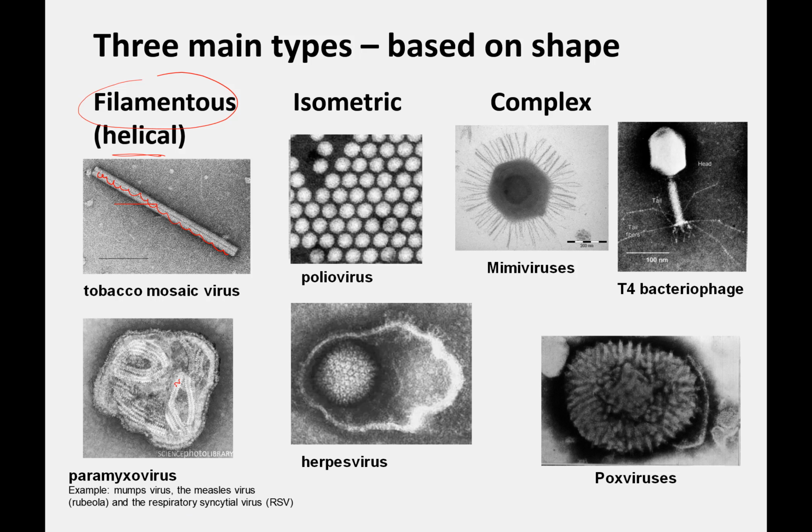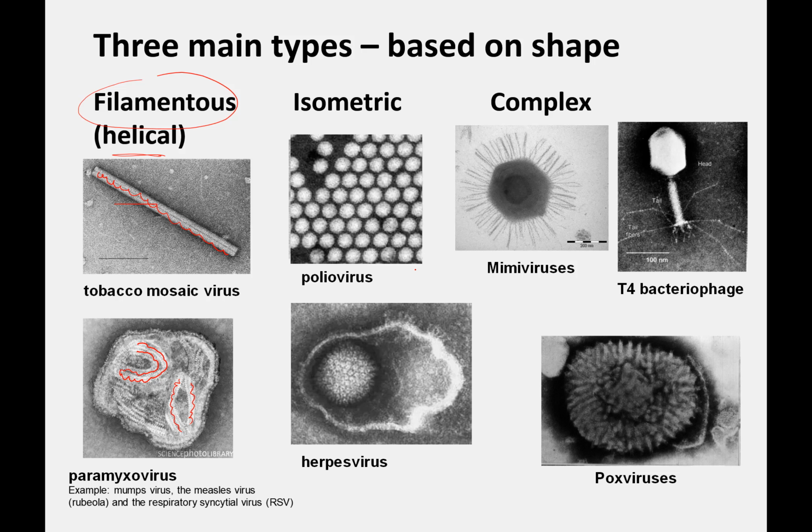Paramyxovirus, all of these are nucleocapsids, kind of helical, kind of bent in there, with the, I think they're RNA viruses, genome inside. Sorry, I should know that, but I don't.